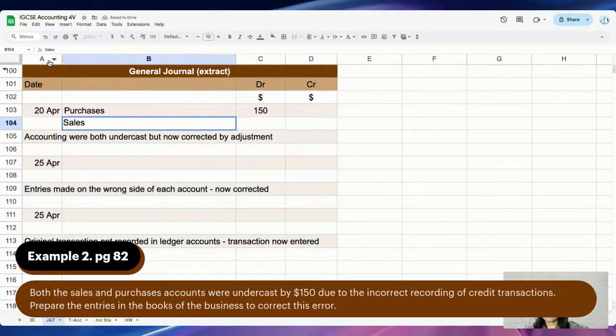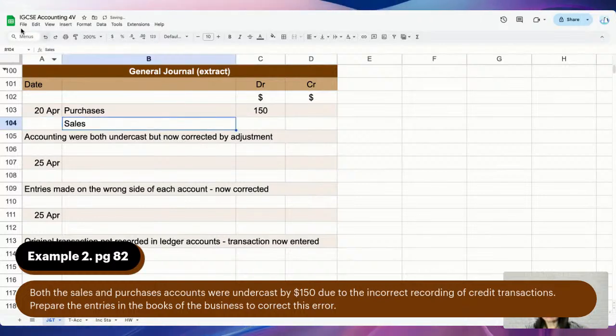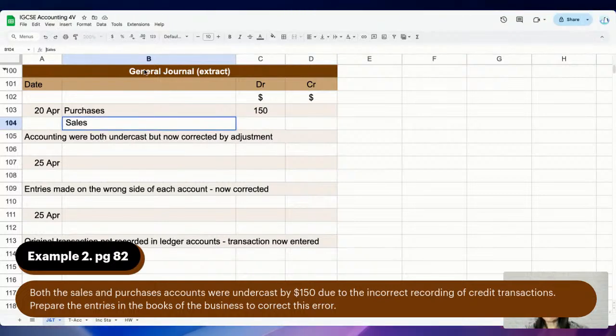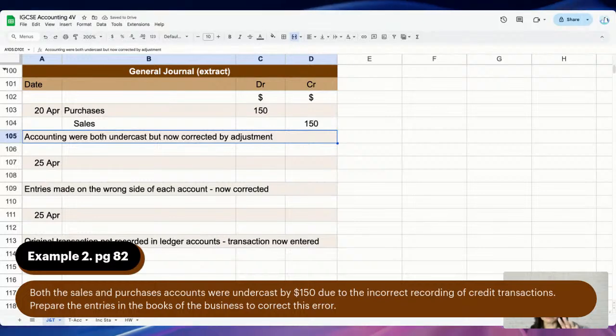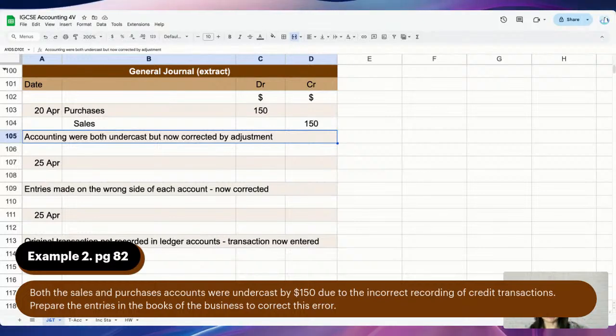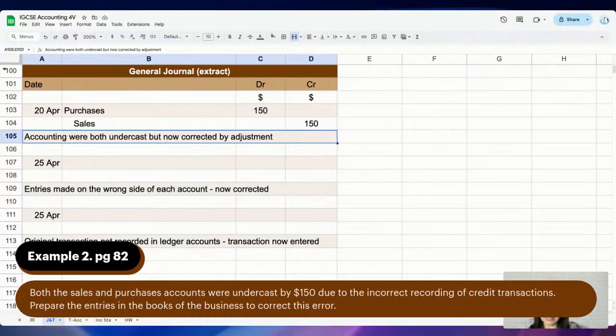Then we put the narration: the accounts were both undercast, that means undervalued by 150, but now it's corrected by this adjustment.